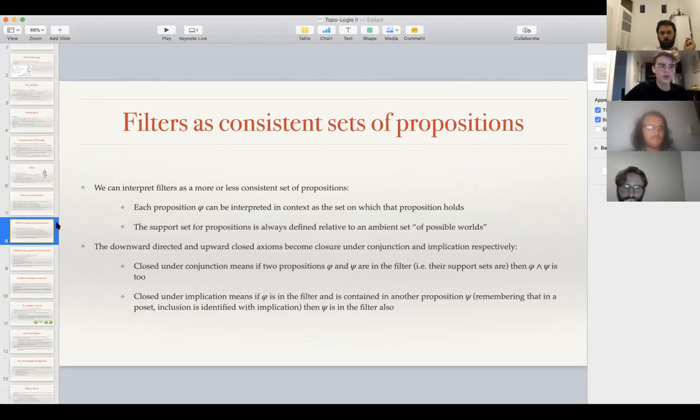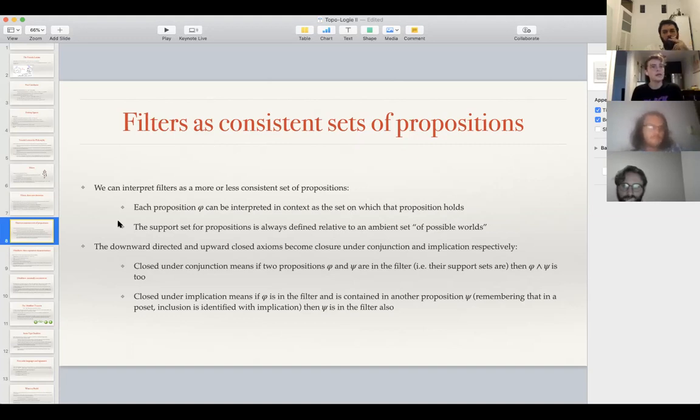Anyways, we can interpret a filter as a more or less consistent set of propositions. So each proposition phi, I'll get to more detail of this later in the model theory.